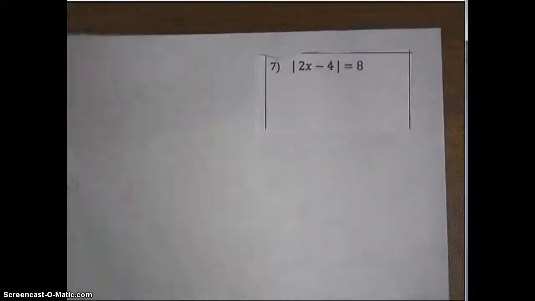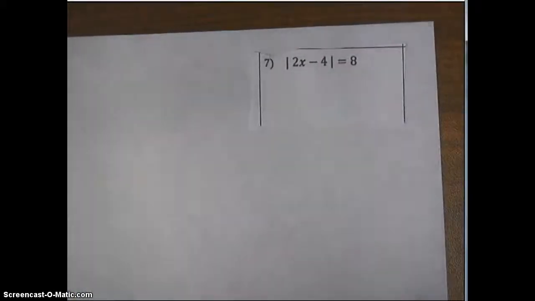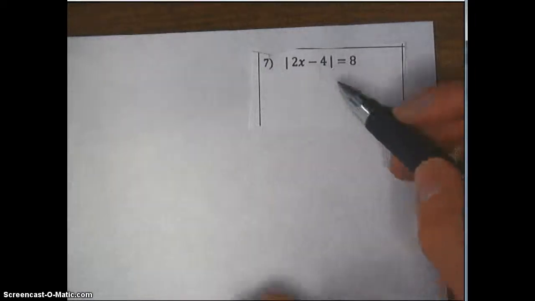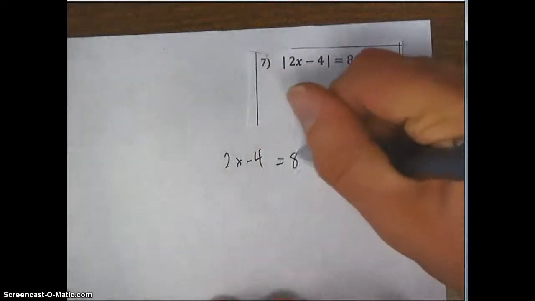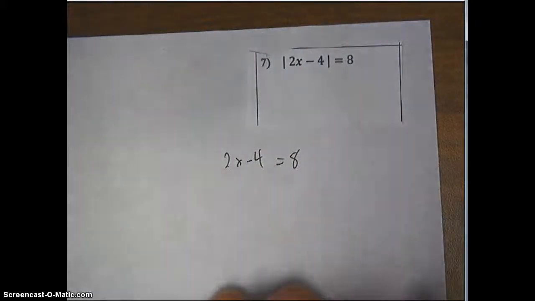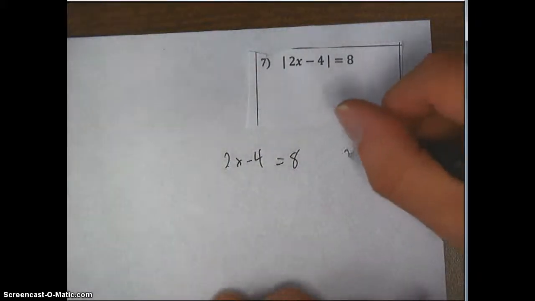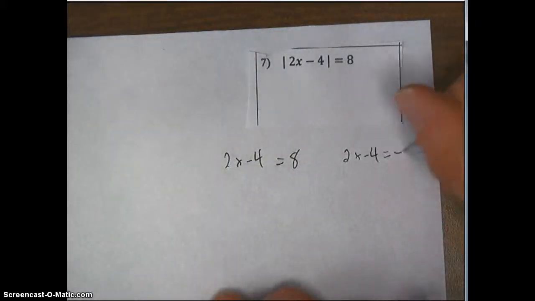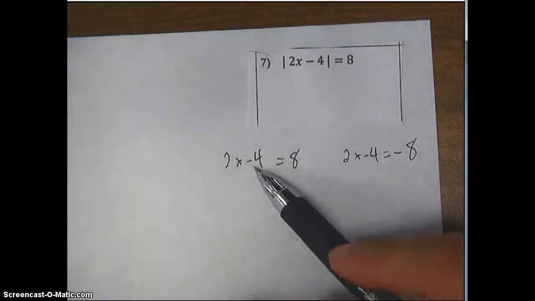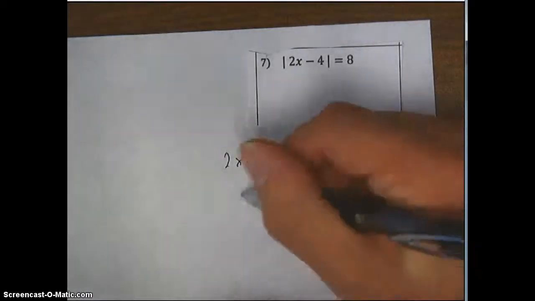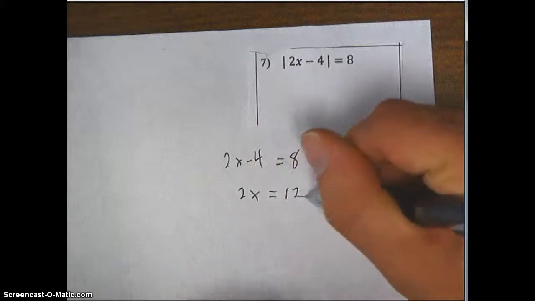Up over here, same exact process. I'm going to take this 2x minus 4, set it equal to 8, but got two equations, not one. 2x minus 4 equals negative 8. All right, let's solve them both. Add 4. 2x equals 12.